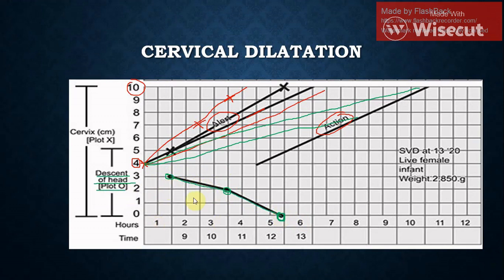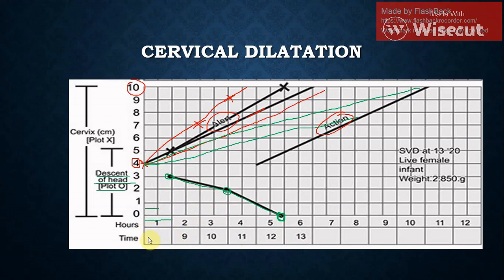So, we plot the cervical dilatation and the descent of the fetal head against time on the horizontal axis. That is, each small box out here represents a half-hour or 30-minute duration, and on the other hand, one large box represents 1 hour.